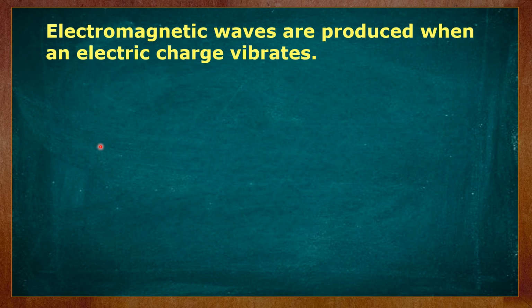You know, the ordered motion of electrons or charges is called current. So when electric charge is vibrating to and fro, it means that the direction and magnitude of current changes. Due to this change in the direction and magnitude of current, it produces changing electric field.